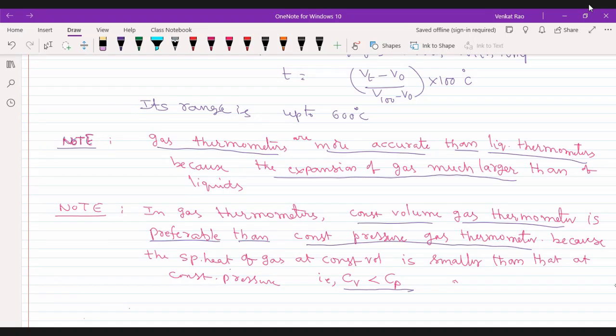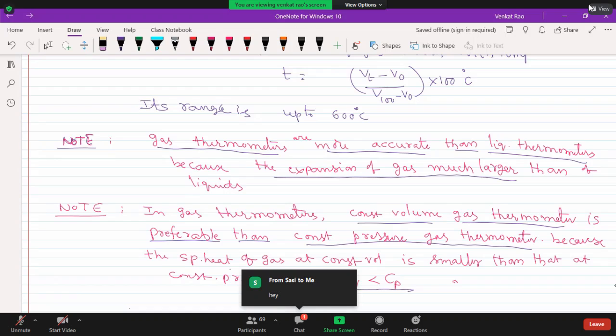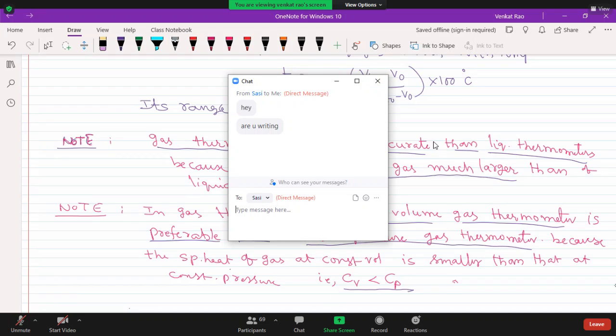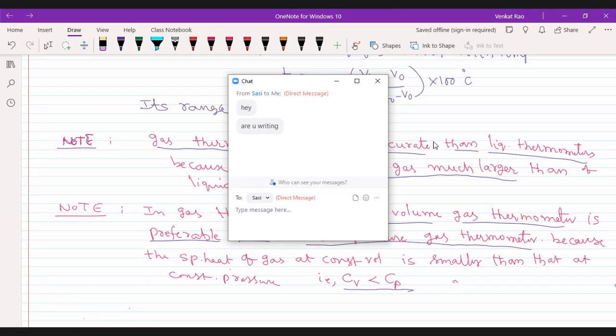Triple point of water is 273.16 Kelvin or 0.01 degrees Celsius, at the pressure of 4.58 mm of Hg or 610 Pascal.